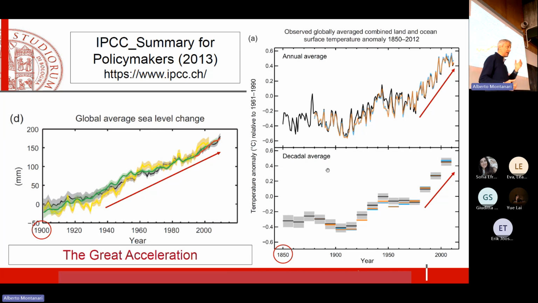But if you look at the start time of these graphs, which are taken through measurements, you see the start time here is for sea level 1900. For temperature it is 1850, which by convention is taken as the start date of the so-called instrumental period.